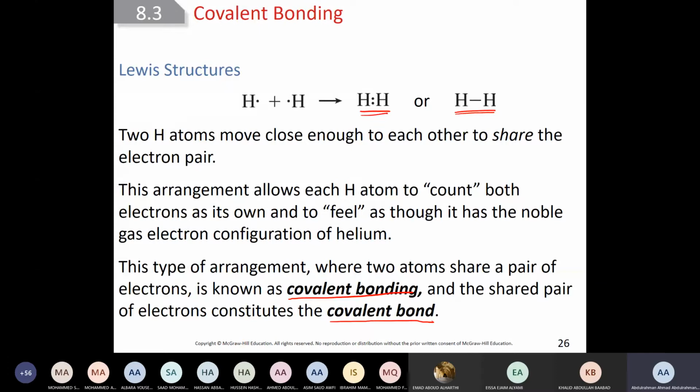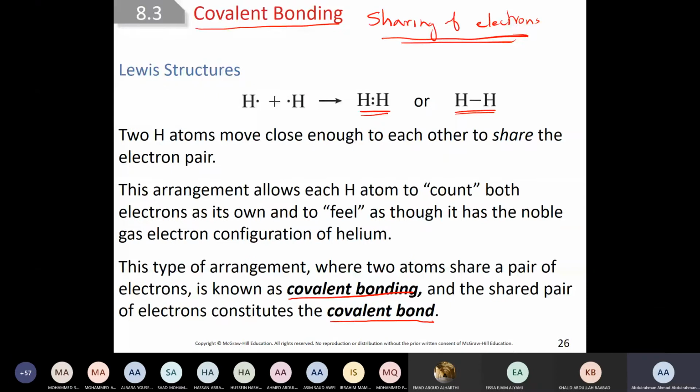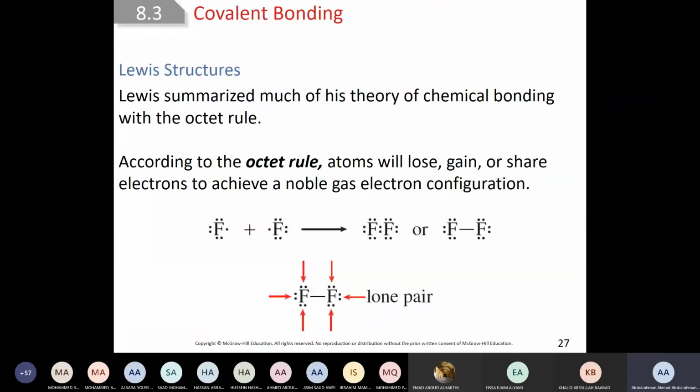So the definition of covalent bonding is sharing of electrons. You have to know this definitely. All right. Now, hydrogen would like to have only 2 electrons around it, and it will be happy like this.